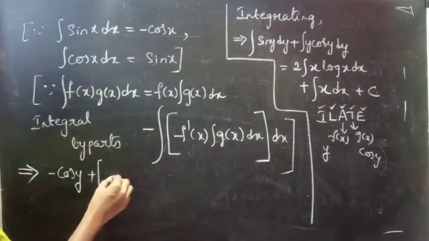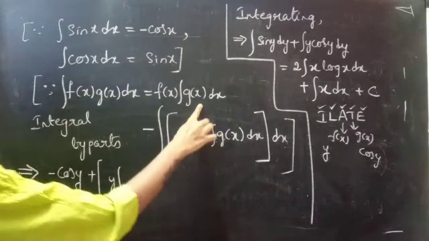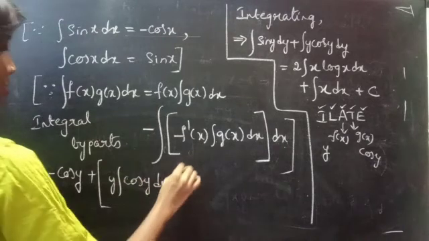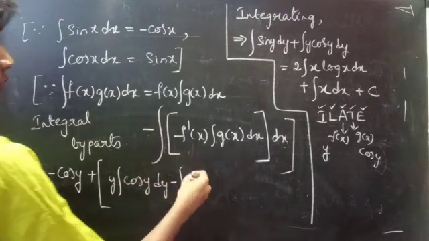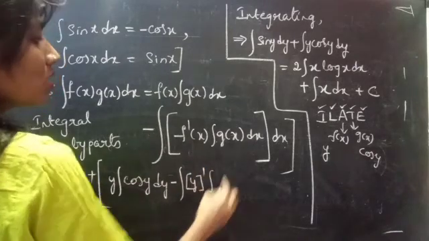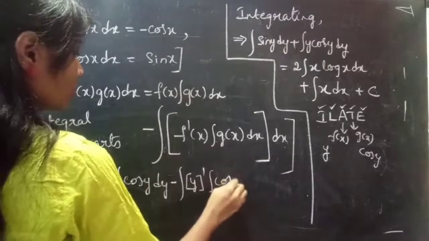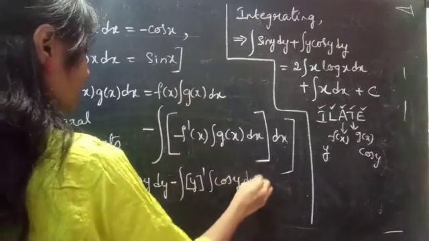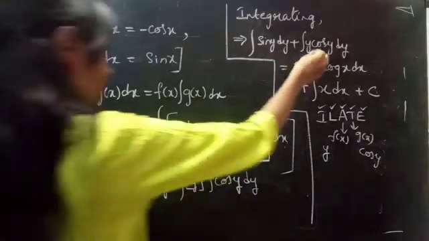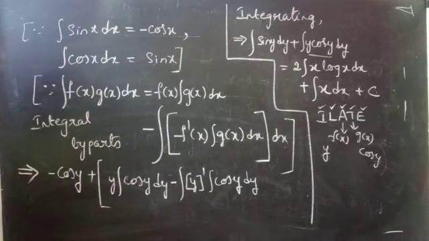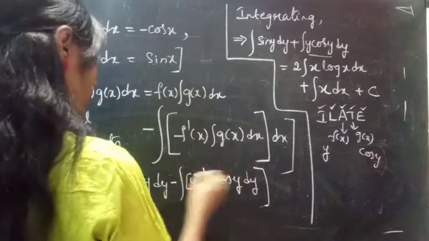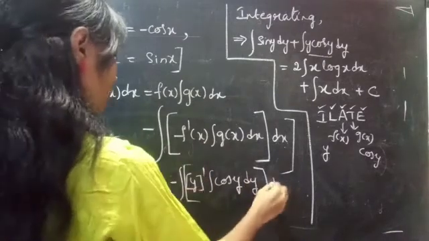So f of x is y into integral g of x, cos y into dy, minus integral of f dash of x, y dash, into integral g of x, which is cos y, into dy. The formula is in x and our term is in y, that is f of y, right? So into dy.